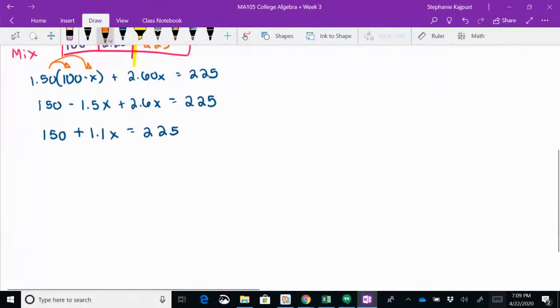So now I want to solve for x, so I need to subtract the 150 from both sides. So I get 1.1x equals, and then 225 minus 150, we get 75.